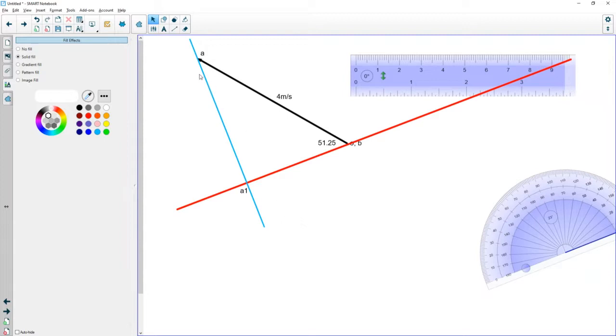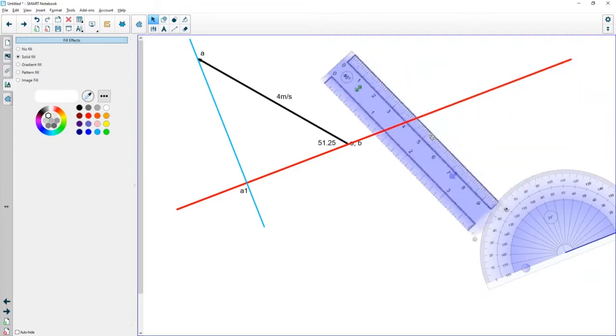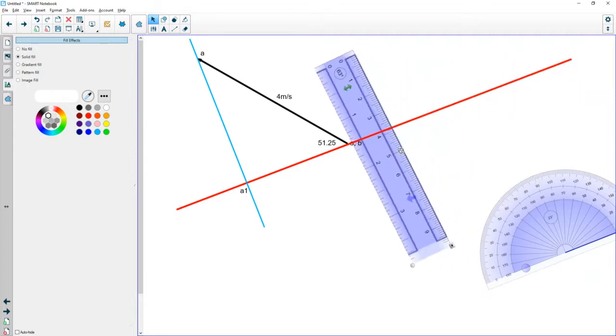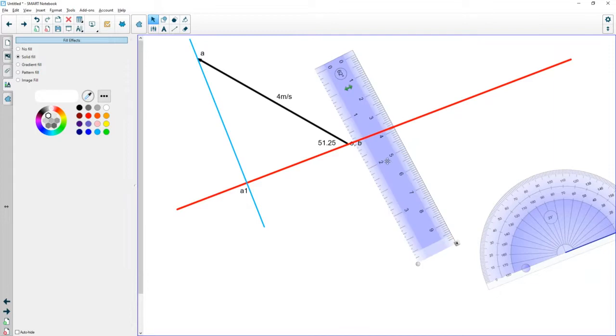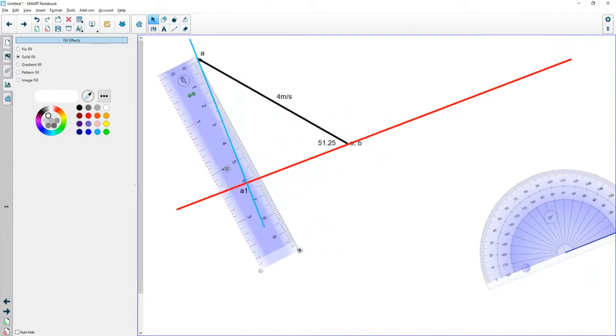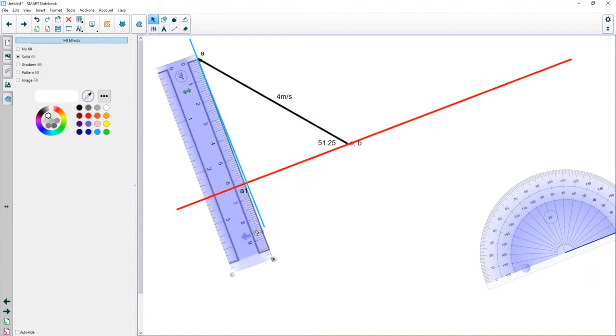So what we want to know is this length of A to A1. I can calculate it or I can measure it and we should get the same answer. So measuring it, I'm coming out at 6.23 centimeters.